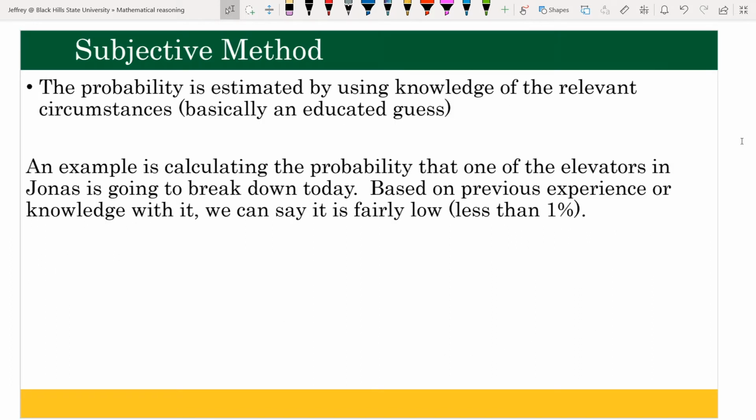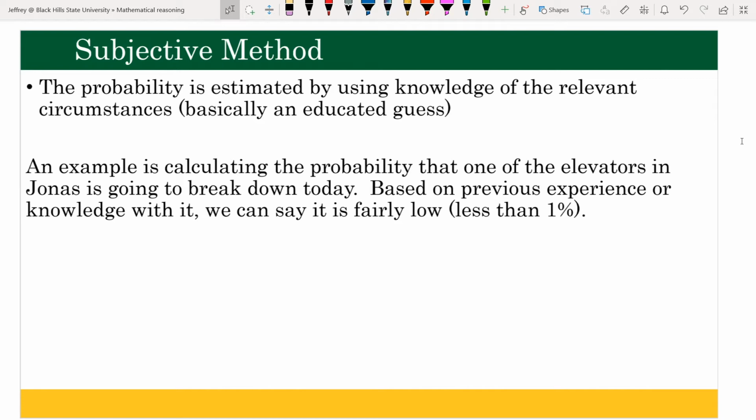The subjective method, in my opinion, is basically just an educated guess, where you have so many factors that can cause the event to occur or not occur that it's too difficult to get an exact probability. The example I have here is calculating the probability of one of the elevators in Jonas breaking down today.